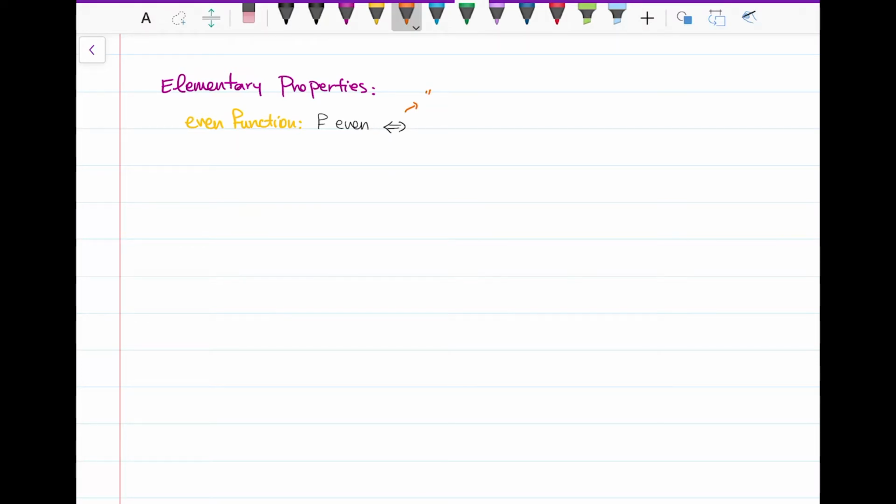So this notation is called if and only if. It means that they are equivalent. If f of negative x is equal to f of x for all x in the domain of f. Okay, so what this formula says, f of negative x is equal to f of x, is that the graph of f is symmetric with respect to the y-axis. Let me write it for you.